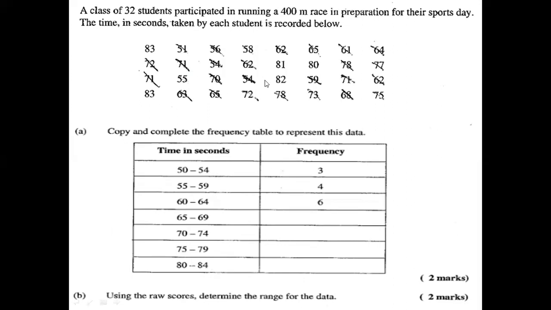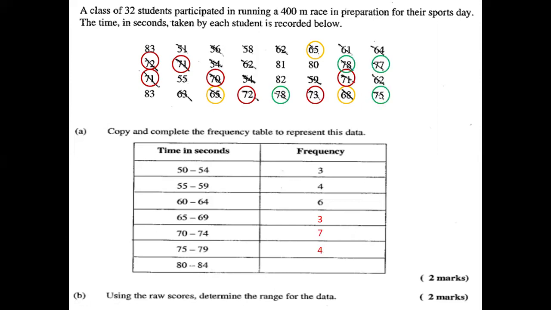Sometimes, based on how many numbers are represented in the frequency table, you probably want to group the numbers. So this is one such case. And we have 3 numbers here falling into the first class, 65 to 69, 70 to 74, we have 7.